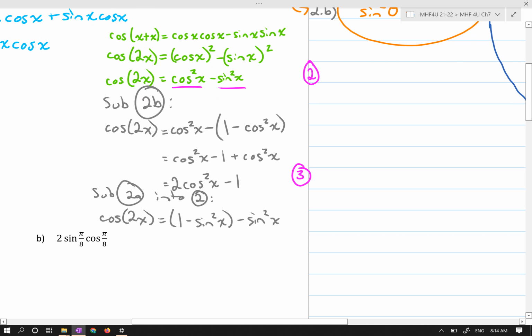And I can simplify that using the same method that I used before, working with 1 minus 2 times the sine squared of x. And there we have it, our fourth double angle formula.